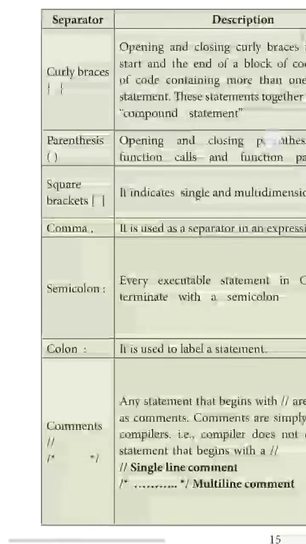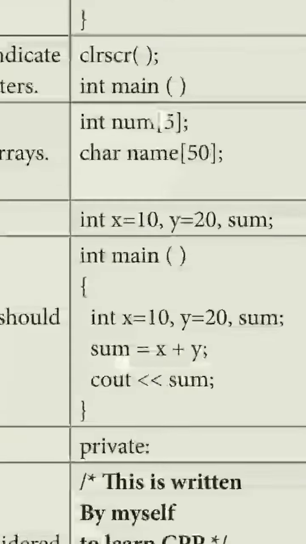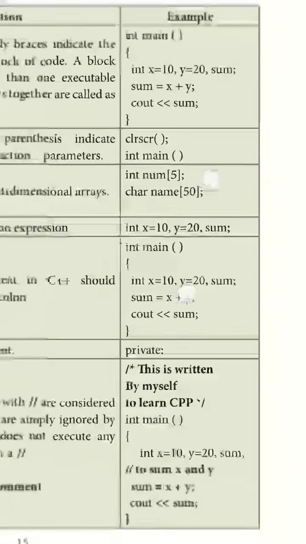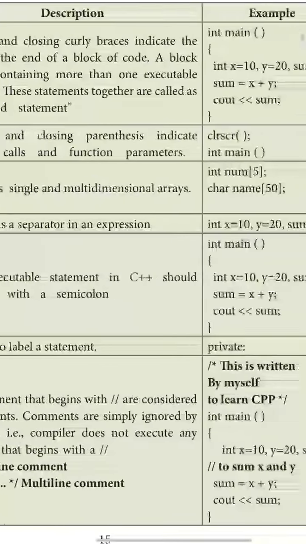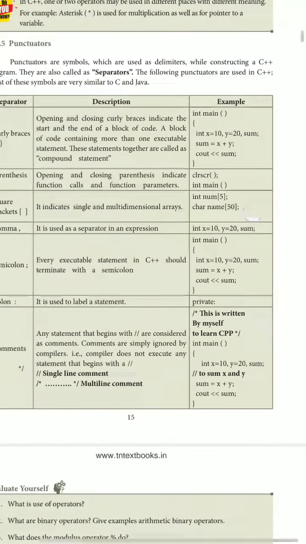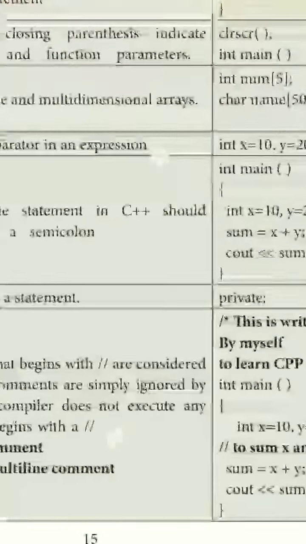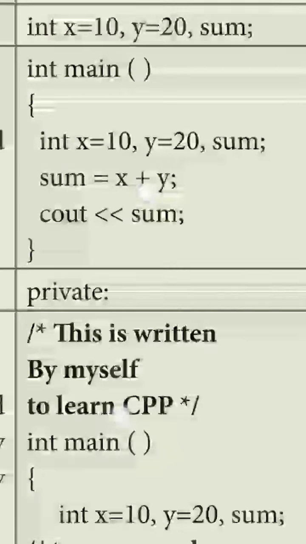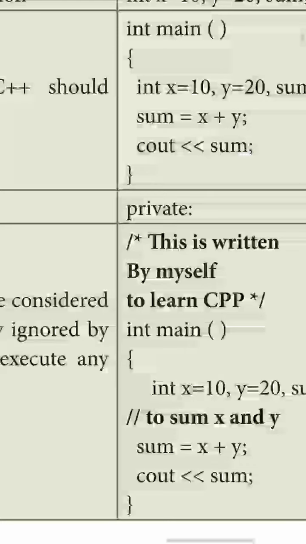Comma can be used to separate values. Semicolon is used to denote the end of a statement. At the end of every statement you must put a semicolon, and colon is used with some keywords. There are some keywords in C++ that must end with a colon.